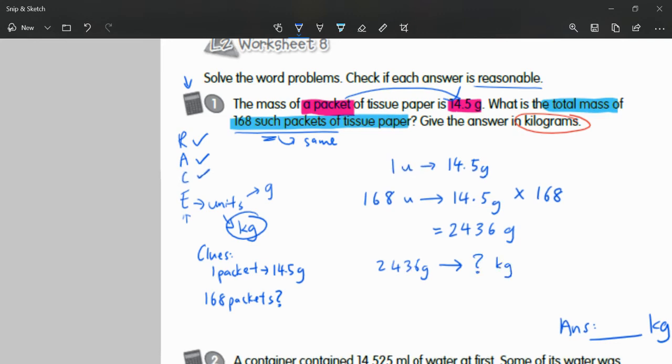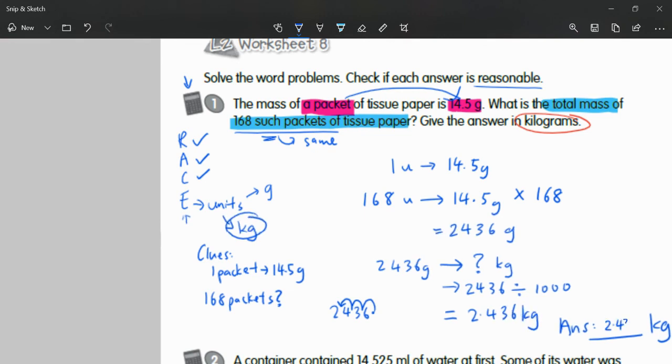This is the final most important step. From a smaller unit to a bigger unit, you have to divide. From grams to kilograms is a factor of 1,000. With the imaginary invisible decimal point here, 1, 2, 3, 2.436 kilograms.